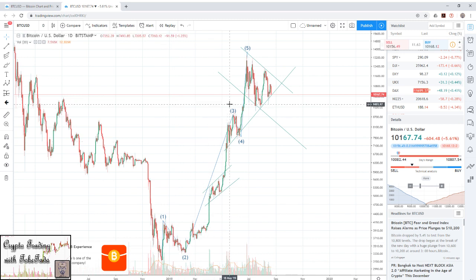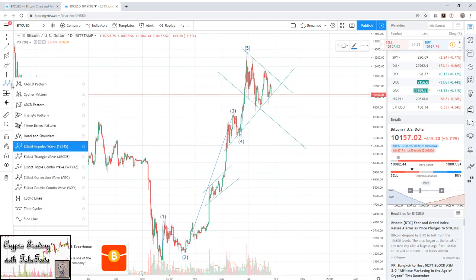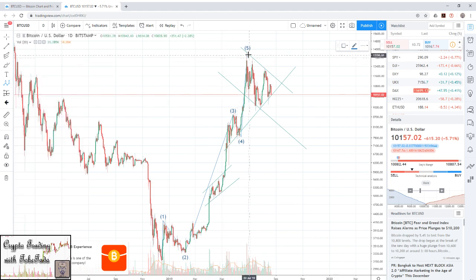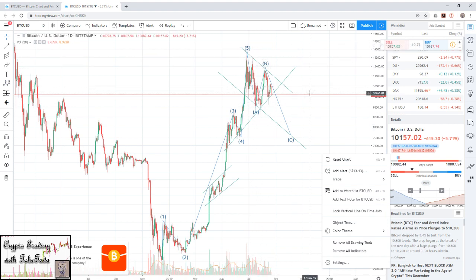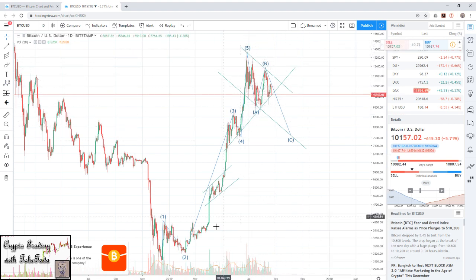So a 1, 2, 3, 4, 5. And the correction would be A, B, and a C. Probably going down to about 7,500. Roughly speaking, A, B, C is the correction. Upward is a 1, 2, 3, 4, 5.